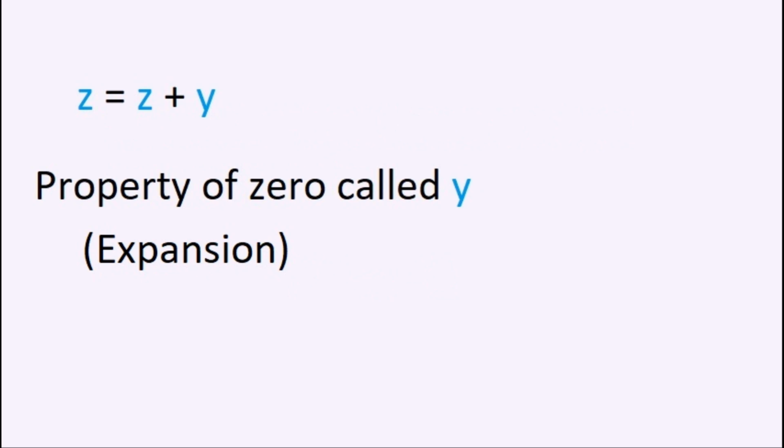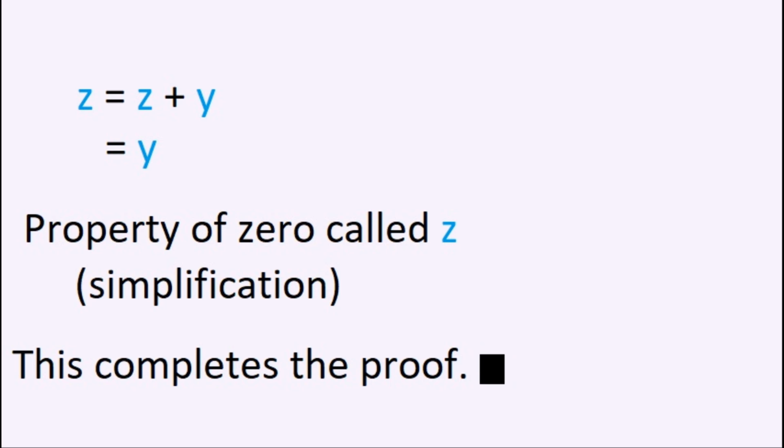In the first line of this proof, we expand Z to Z plus Y, using the fact that Y is a 0 and the property of 0. We then use the property of 0 again, this time to simplify it, and to eliminate the other 0 called Z. This proves the theorem in only 2 lines.